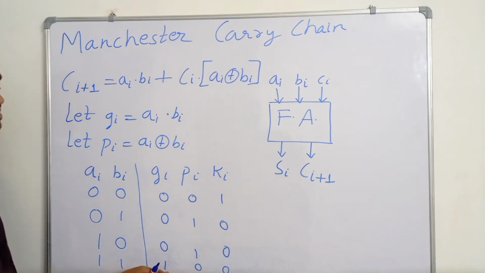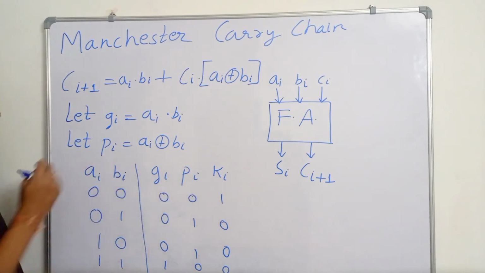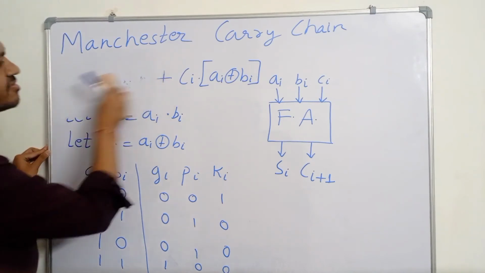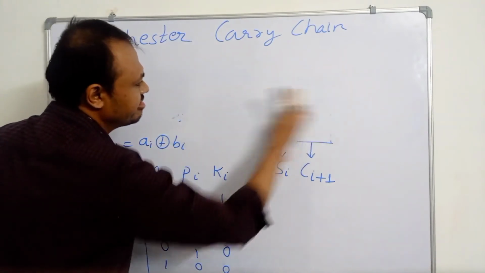Here Gi is 1 but Pi and Ki are 0. So for a given input only one of the three quantities can be 1. So we can build a switching network for this circuit.